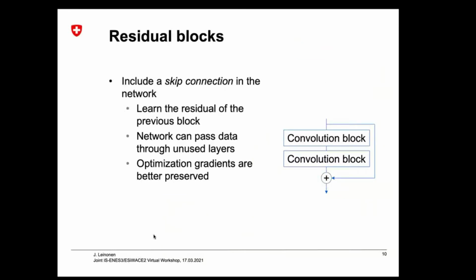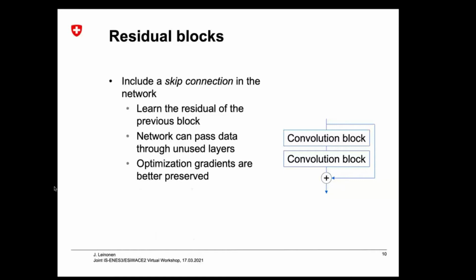Okay, so we're getting close to the end of the introduction, but I'd like to introduce a couple of important concepts here. One thing I want to talk about are the residual blocks, which have been quite common in recent years. And these include a skip connection in the network.